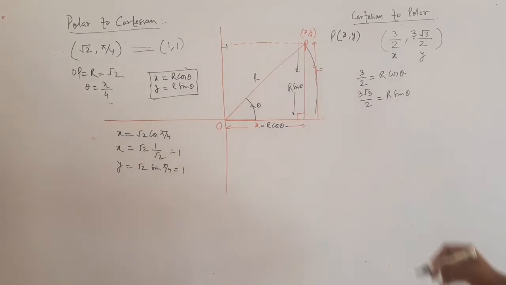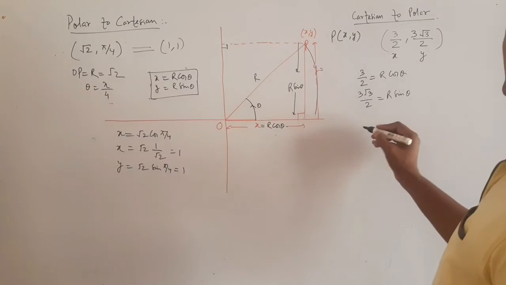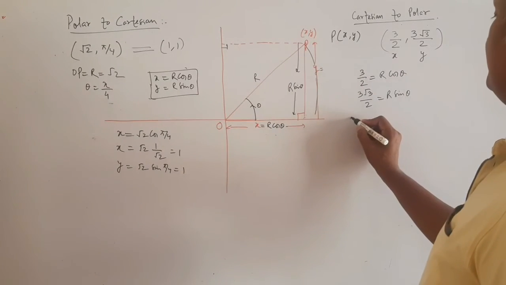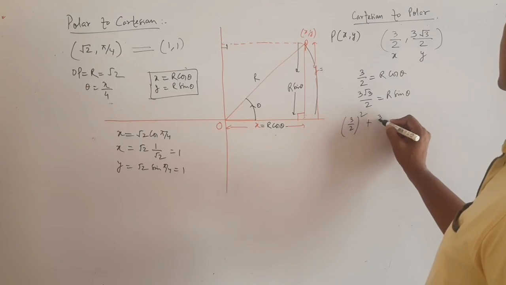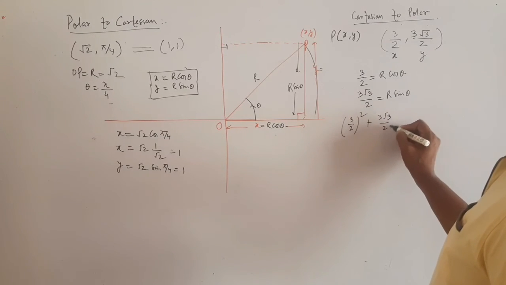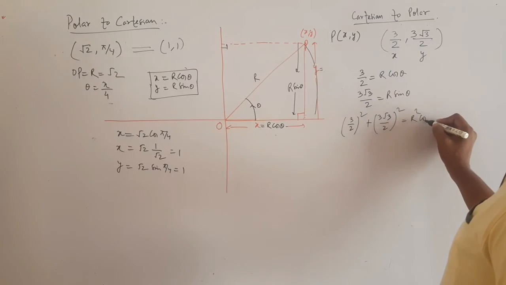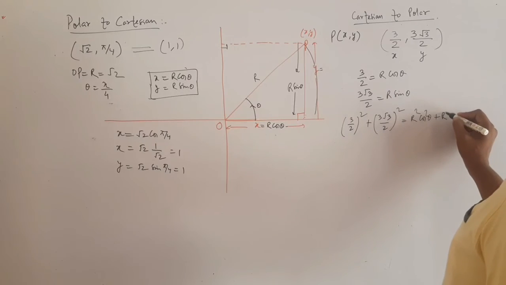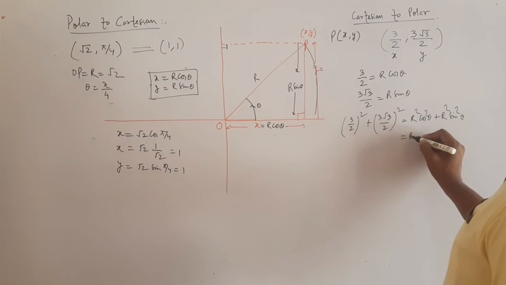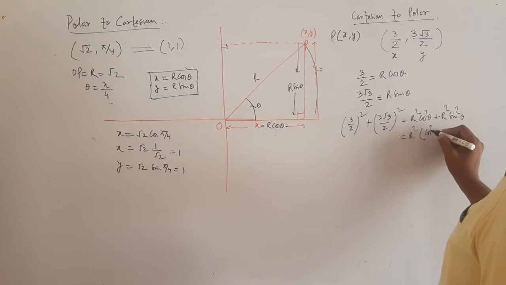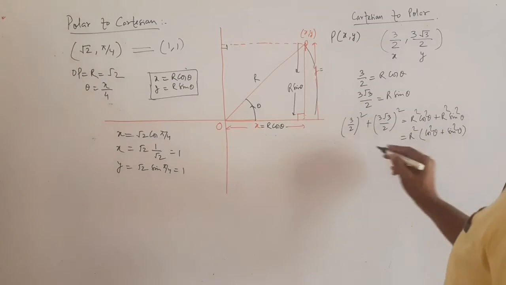Now I have to find r and theta because those are the parameters of the polar coordinate system. So square and add. Square them: 3 by 2 squared plus 3 root 3 by 2 squared equals r square cos square theta plus r square sin square theta, that is r square times cos square theta plus sin square theta.